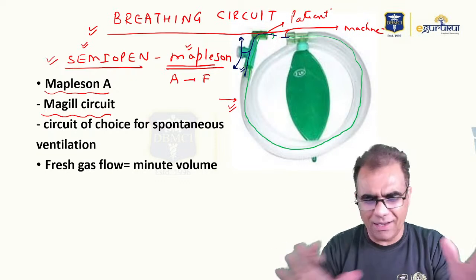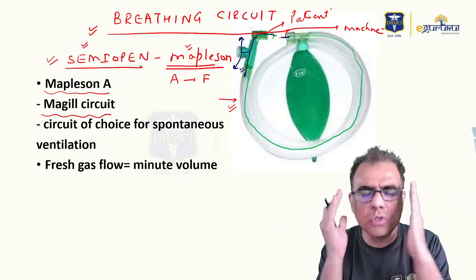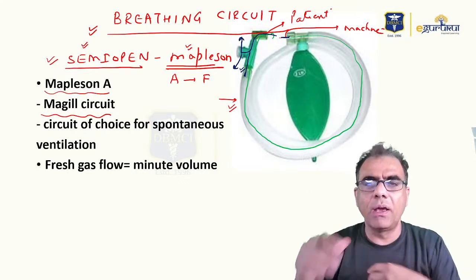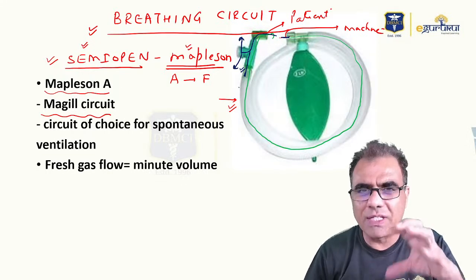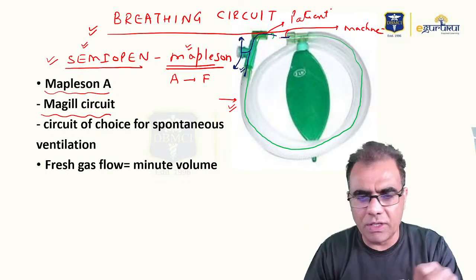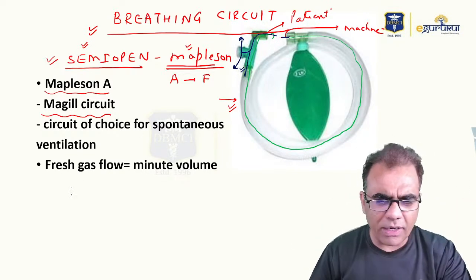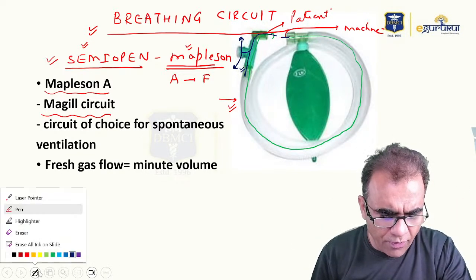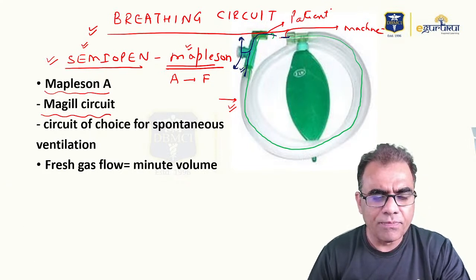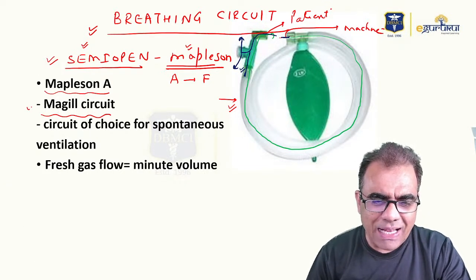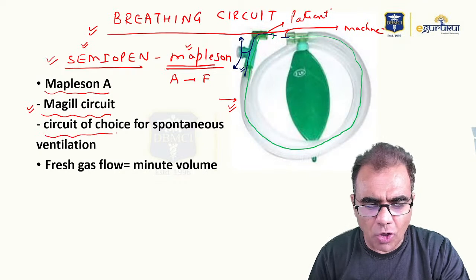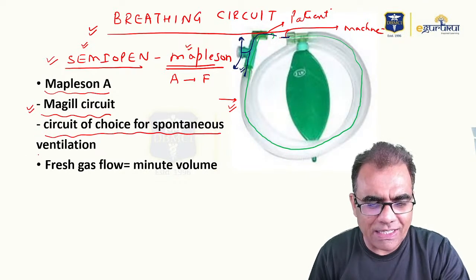Again, if you don't want to go into those details, forget it, because it's a big topic, physics is required, and obviously we don't have that much time to discuss. What is important for you to remember is that this McGill circuit is the circuit of choice for spontaneous ventilation.